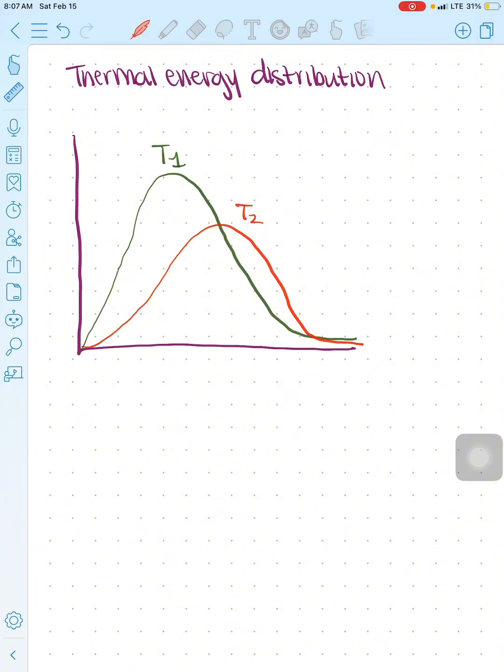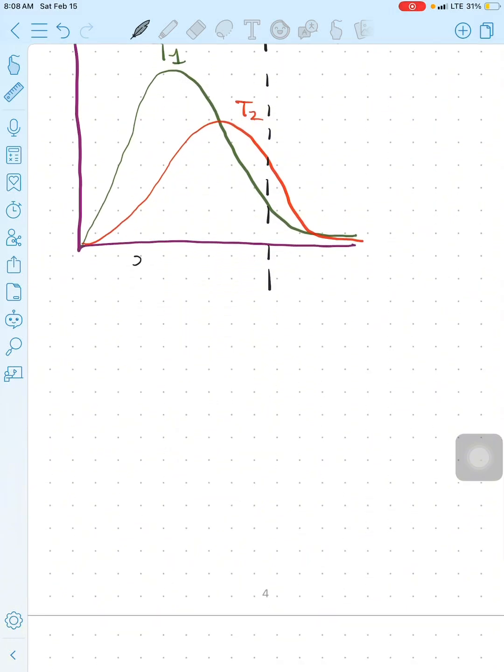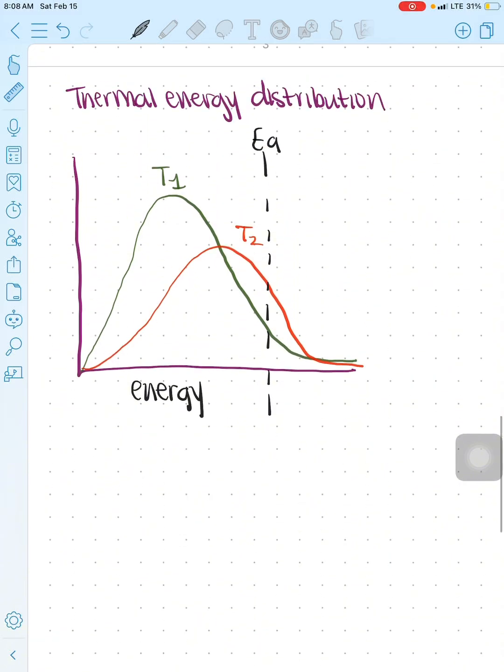As we talked about in class, as the temperature increases, the fraction of moles with enough energy to surmount the activation energy also increases. I also want to label the sides of the diagram. This is more of an exponential factor type of thing.